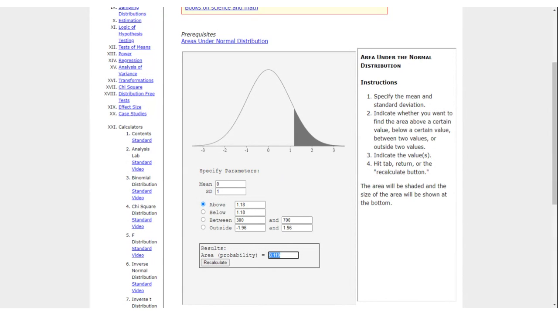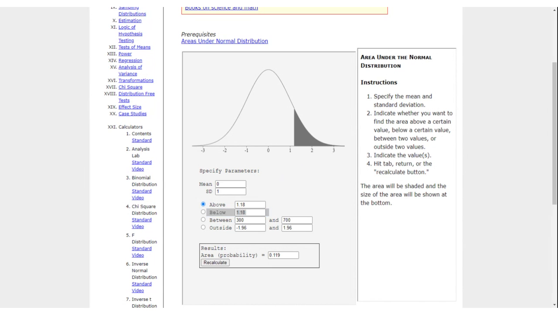And like I said, the calculator that you have in ALEKS is only going to do the below. It's also the same thing when you have the table in there. They'll only do below, I believe. I don't think they do above. So you've got to just remember it's a complement rule to find above.